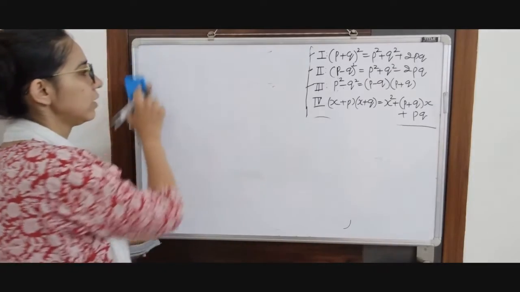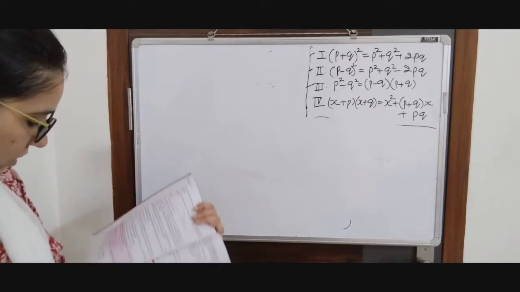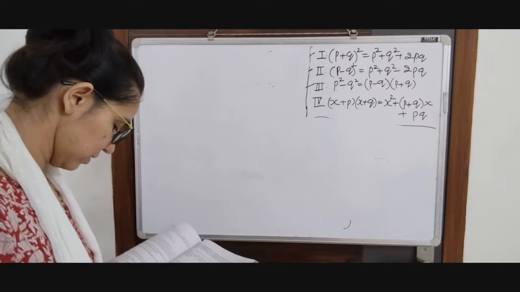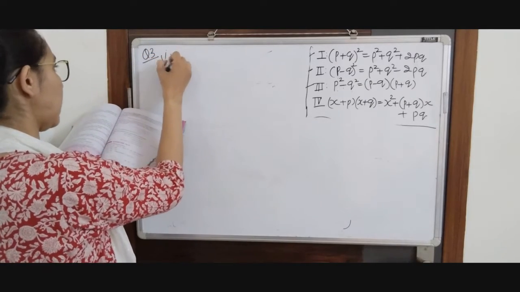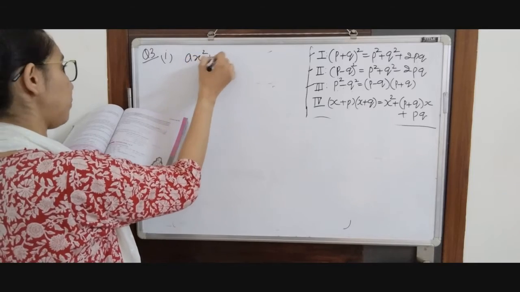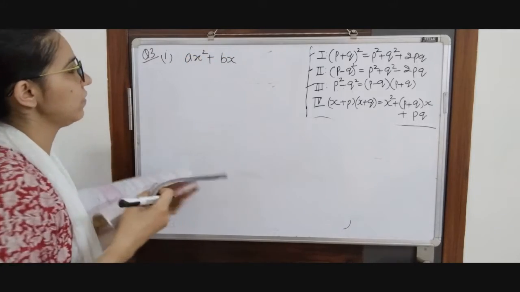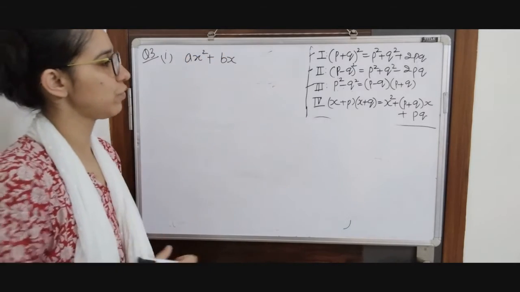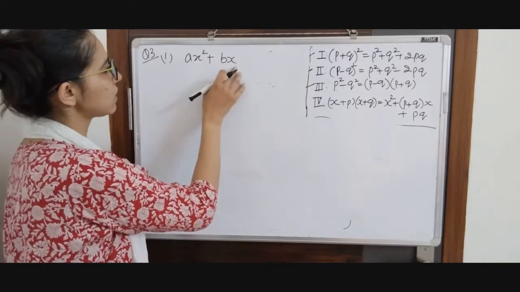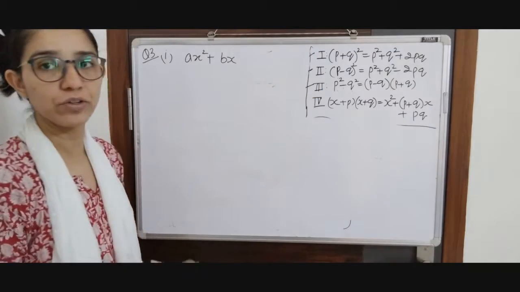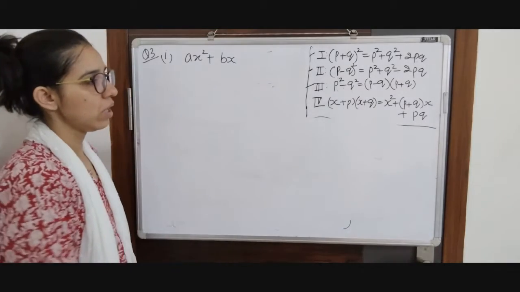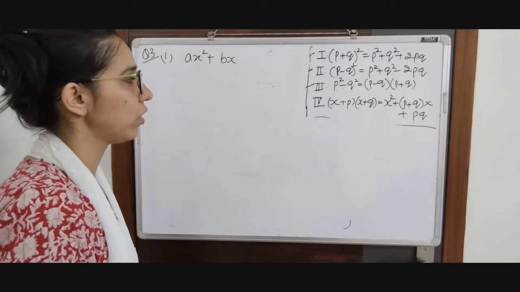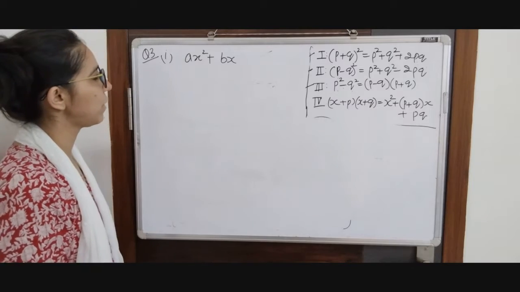This was the fourth one. Now we are going to take questions from the exercise. Question number 3, first part, ax square plus bx. In this you see that we don't have two terms in which one is square and one is non-square in any of the expression, so identities will not be applied.